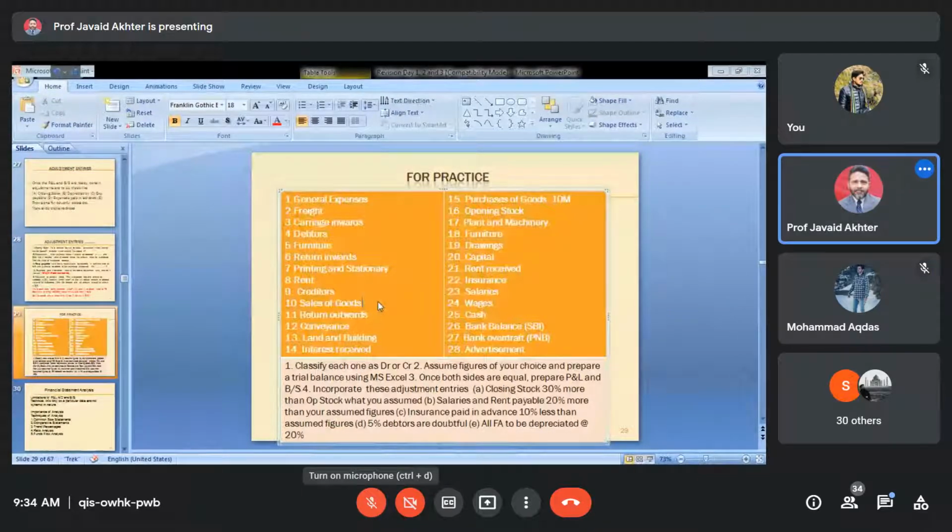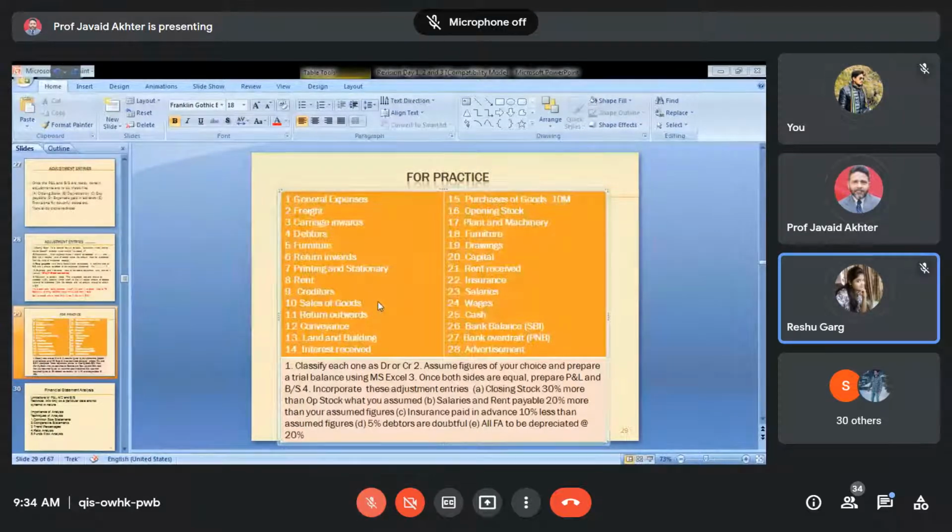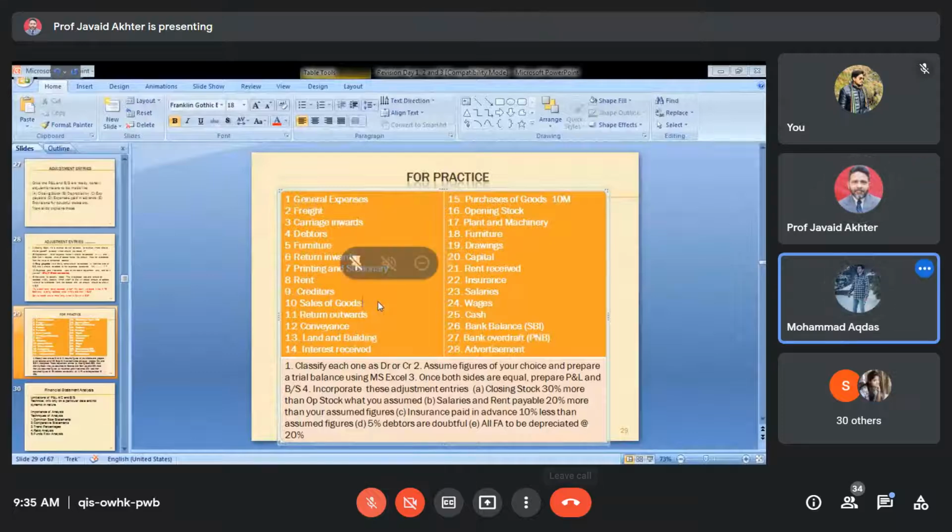Similarly, you are assuming values of assets. Total value of assets that you have assumed is again 10 million. So what should be the total value of assumed liability? More than 10 or less than 10? Less than or equal to.